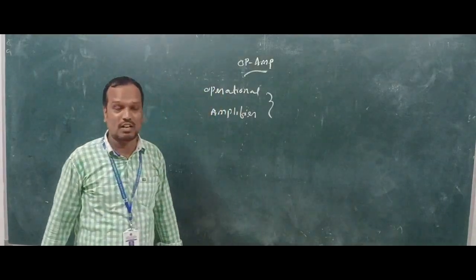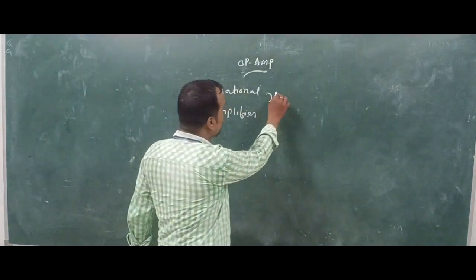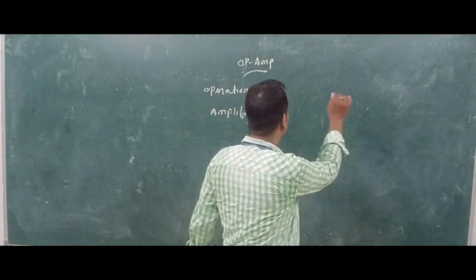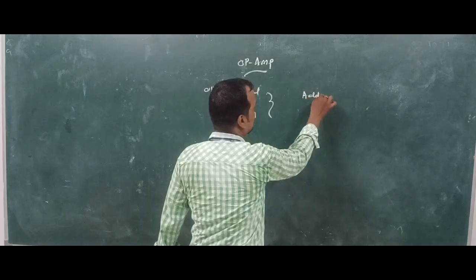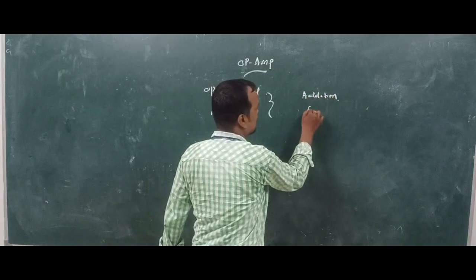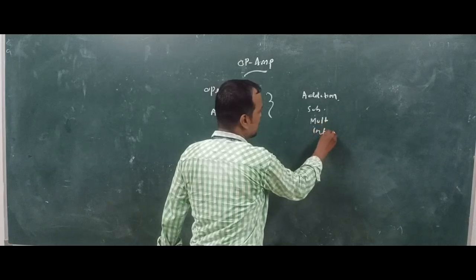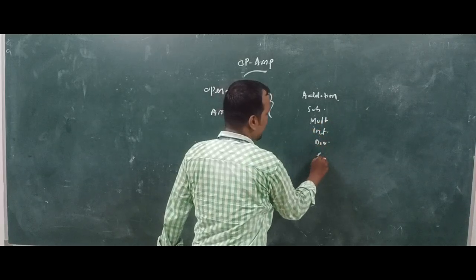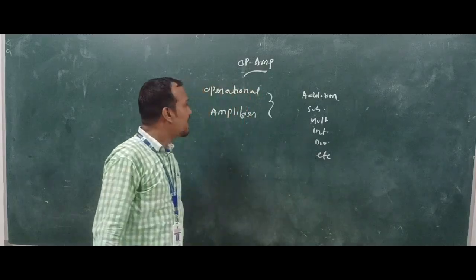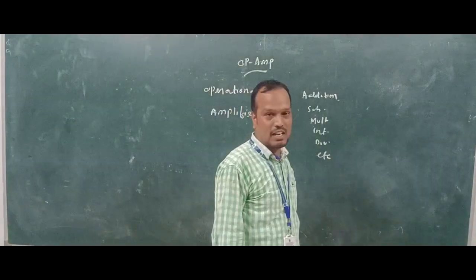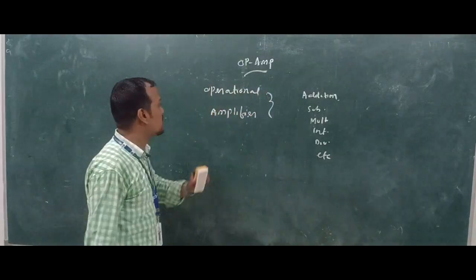What do you mean by operational? Operational is nothing but performing some mathematical operations like addition, subtraction, multiplication, integration, division, etc. If a device can perform these mathematical operations, that is called operational.